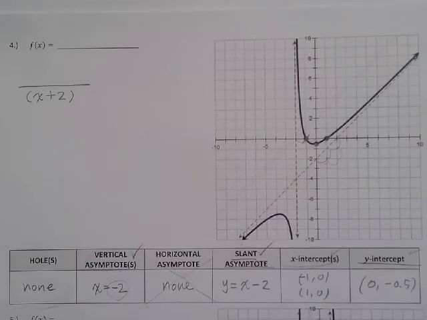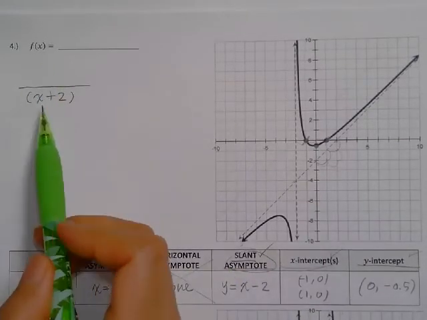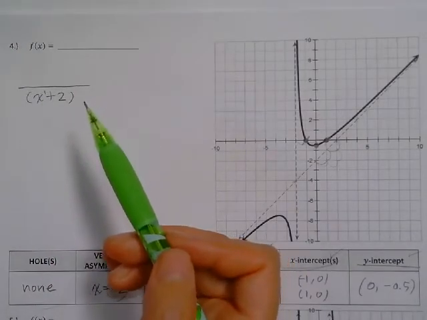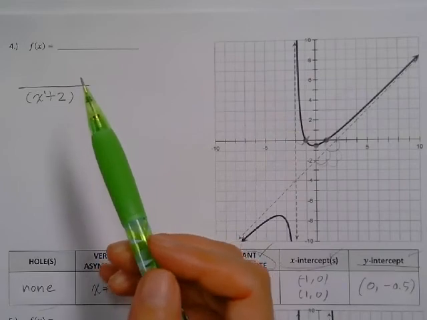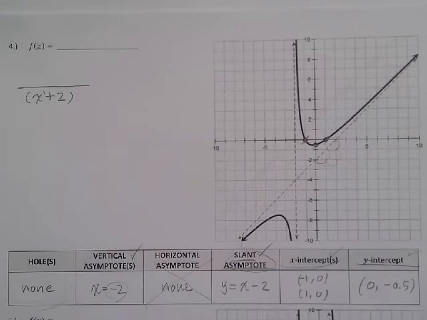Now, the fact that I have a slant asymptote means that, compared to the degree of the denominator, 1, I have to have a degree on the numerator that is 1 larger than the degree of the denominator.